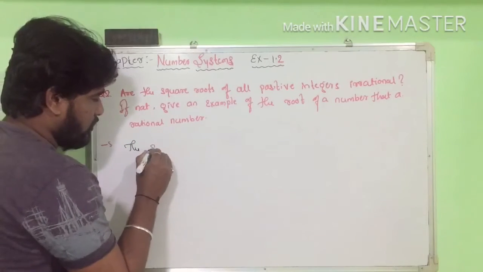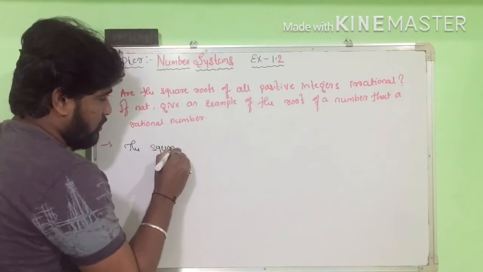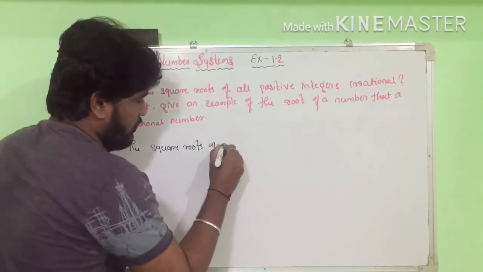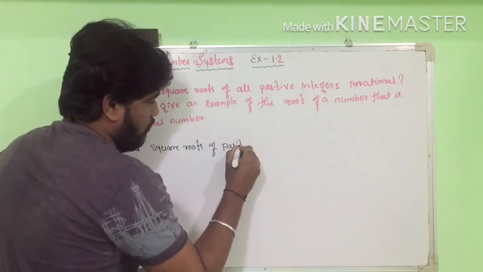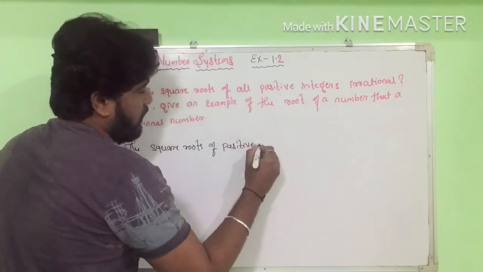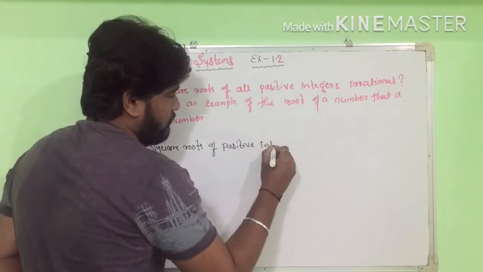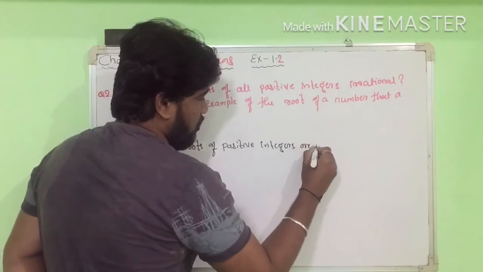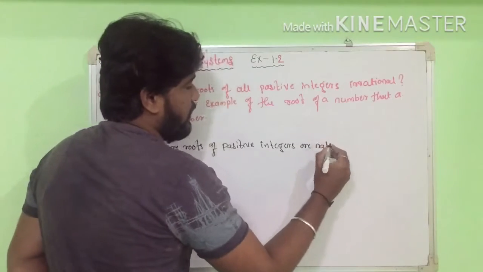The square roots of positive integers are not always irrational.